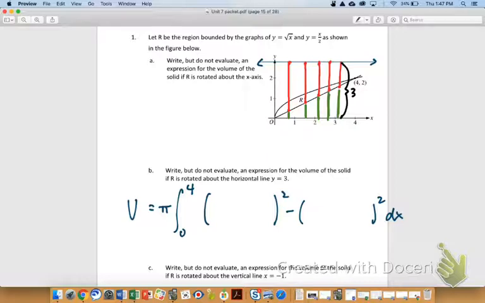Are you processing? Is this okay? Okay, so 3 minus green. Well, what's green? That's a y value, right? x over 2. There you go. So 3 minus x over 2, that would be my big radius.